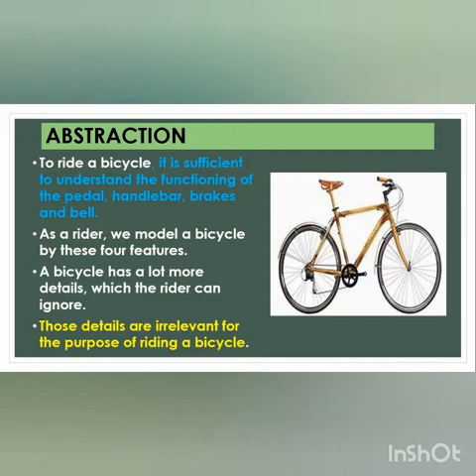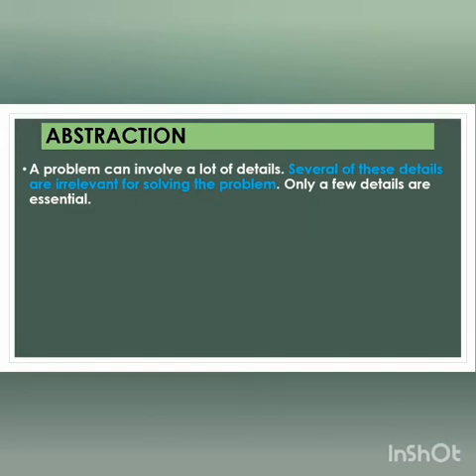In case a rider wants to understand the concept of bicycles and know more about the bicycle, he can use more details. In case a rider wants to just ride a bicycle, only these four details are enough, the others are irrelevant.